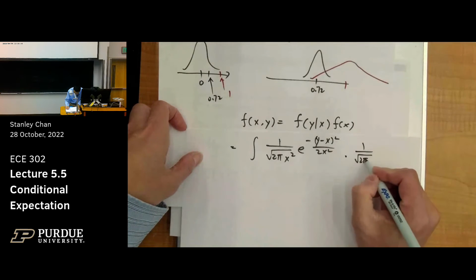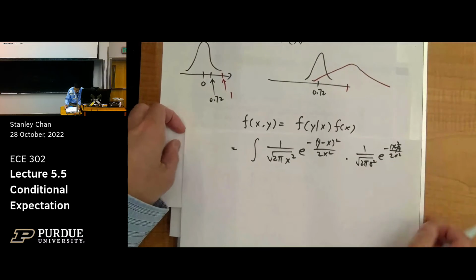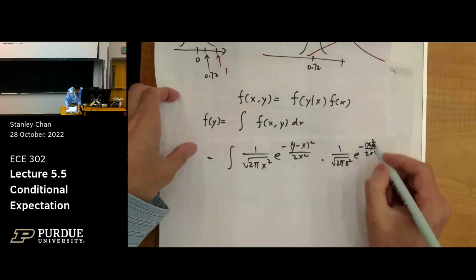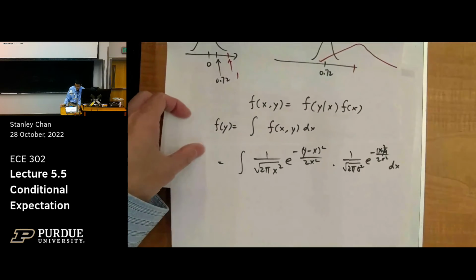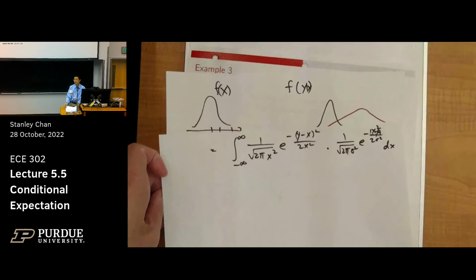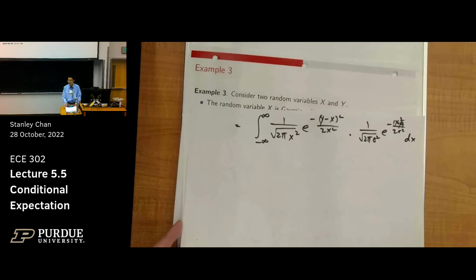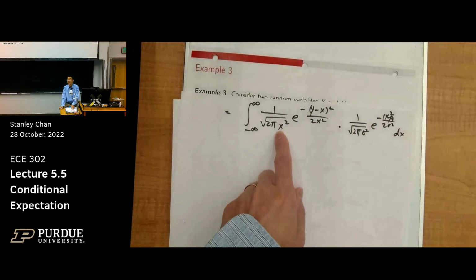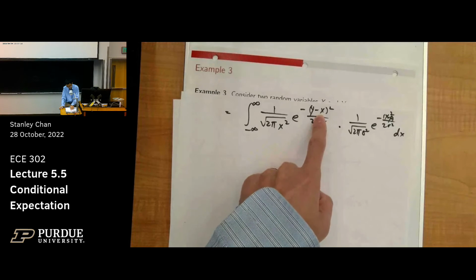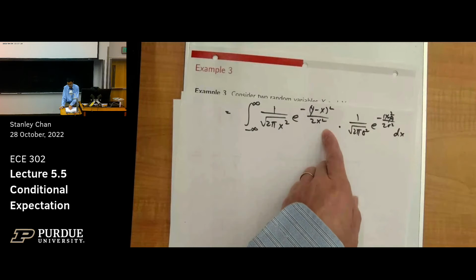So you have 1 over square root of 2 pi sigma squared, e to the minus (x minus mu) squared divided by 2 sigma squared. And then what do you need? dx from minus infinity to infinity. Okay. It's not too hard, right? Just that I don't know how to solve it. You have x in the denominator, and then you have x in the numerator, and then in the exponential. So that's not fun.